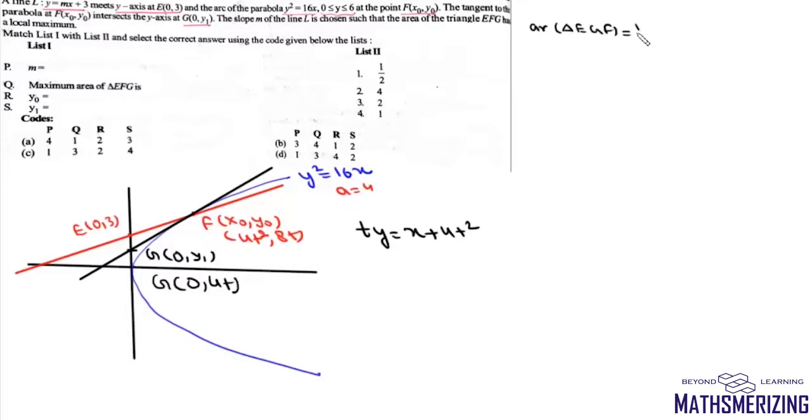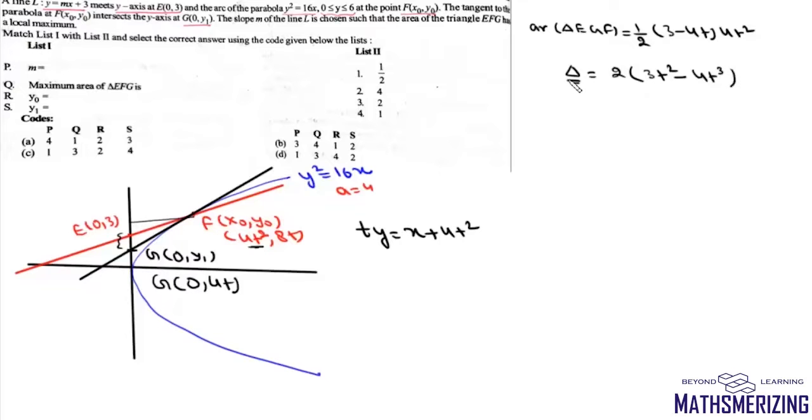Now we'll write area of this triangle EGF. So area of this triangle EGF will be half, and then this distance, which is 3 minus 4t, and then this height, which is actually equal to its x coordinate, that is 4t square. So we'll get this area as 2 and then (3t square minus 4t cube).